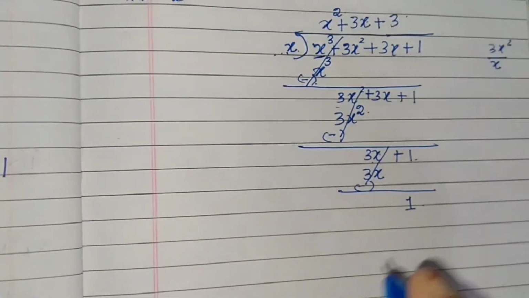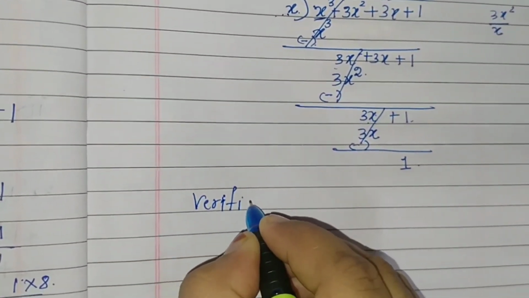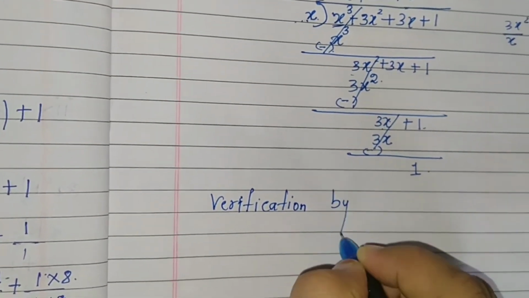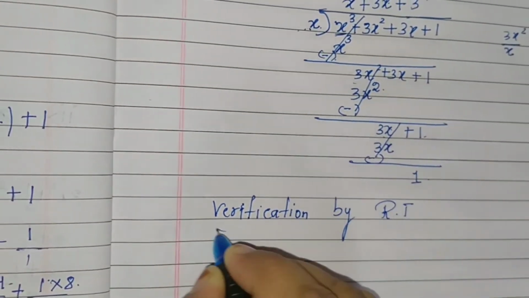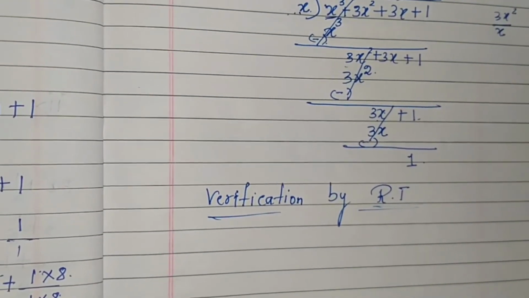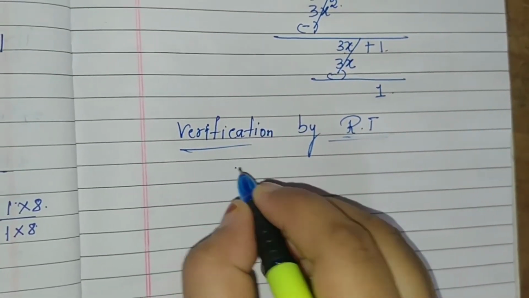Okay. So now again the verification by remainder theorem. Okay. So in order to verify this, what you have to do? First you have to find the zeros of the polynomial.